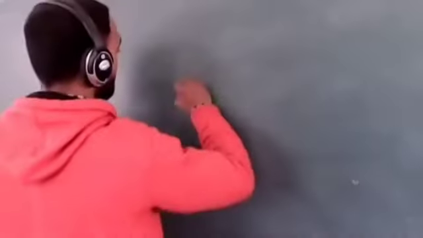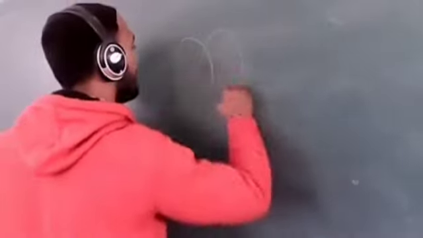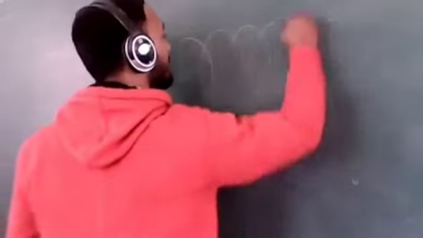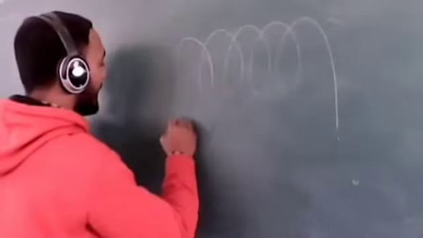So listen, we need steel or alloy. You know about alloy, a mixture of two or more metals. So an alloy of aluminum, nickel and cobalt is placed in a closed coil carrying current. This is the coil, and this coil is carrying current.